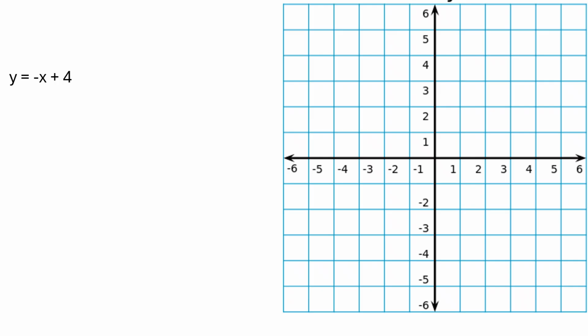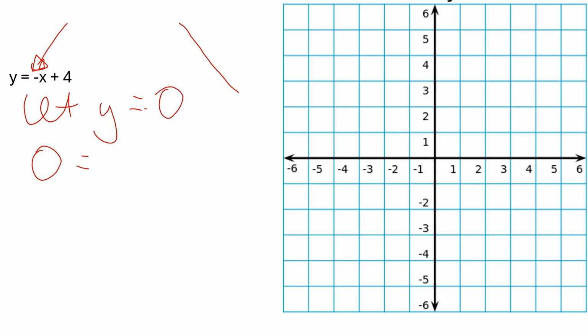y equals negative x plus 4. This graph is going to be pointing downwards like this because it has a negative gradient here. We start off, let y equal 0. 0 equals negative x plus 4.